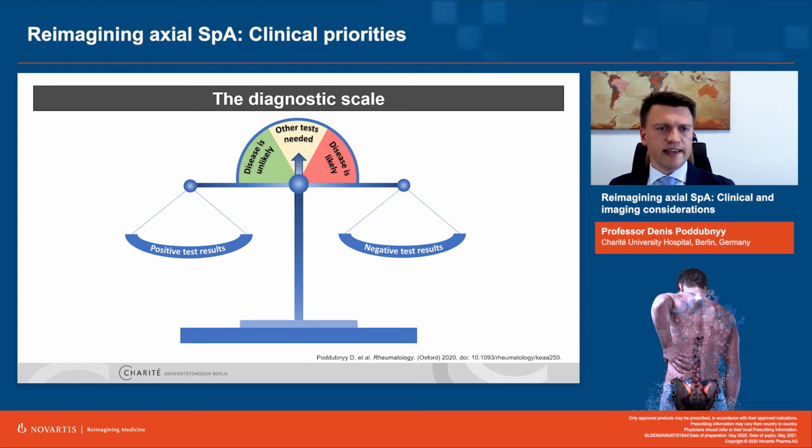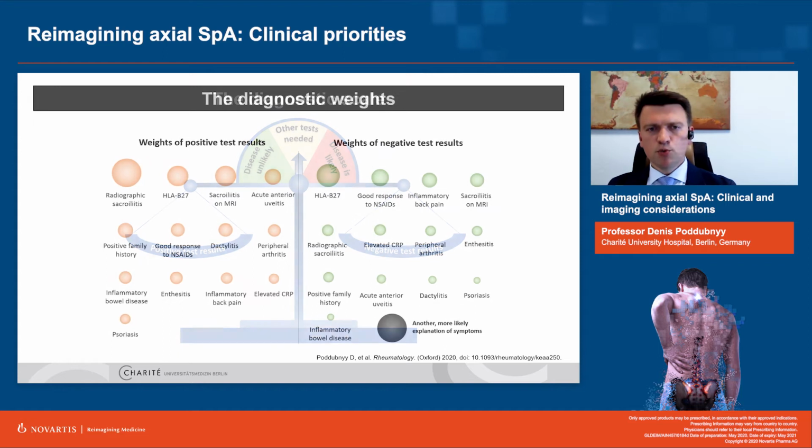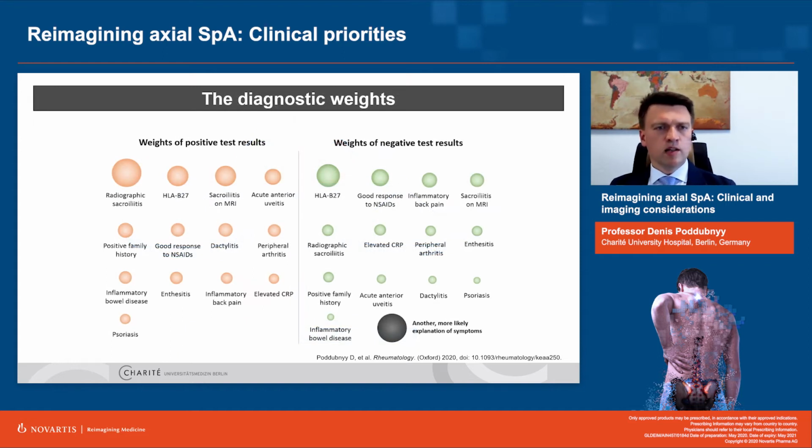Therefore, another approach might be better to imagine or to reimagine the diagnostic procedure in axial spondyloarthritis, a so-called diagnostic scale, where we can weight positive test results against negative test results. If we take all the available diagnostic tests, we can translate their diagnostic value in a relative weight. And here you see that both positive and negative test results have different weights.